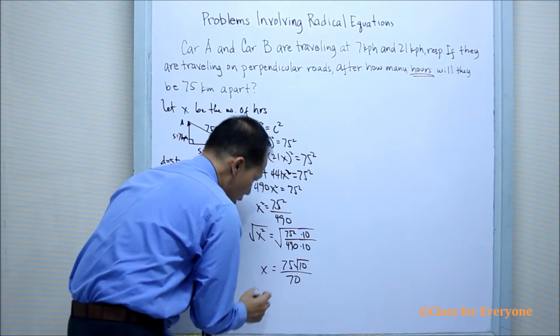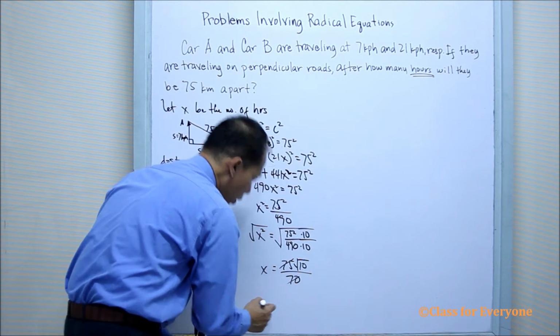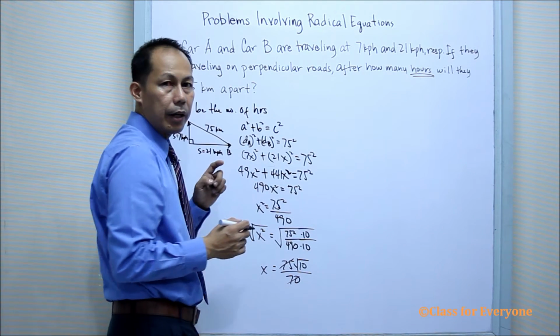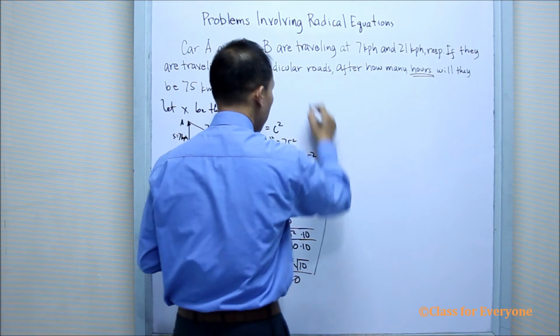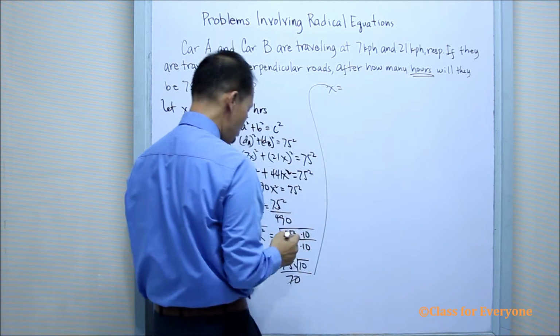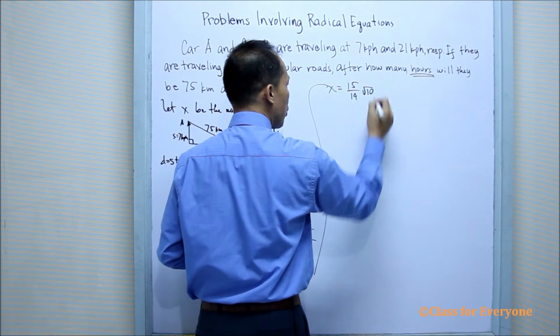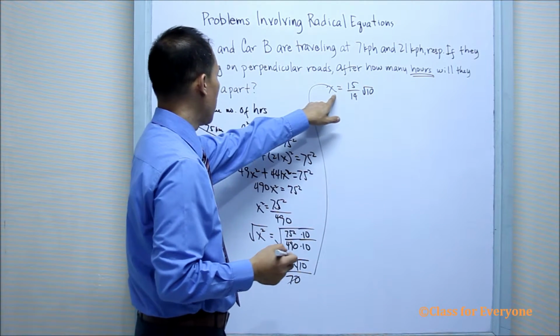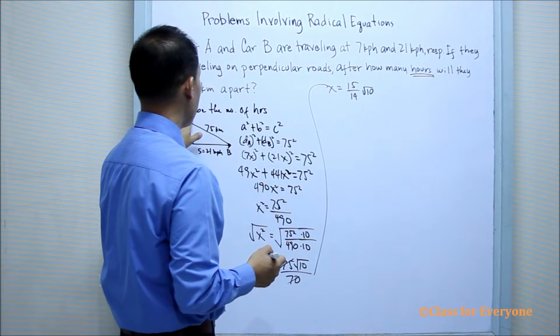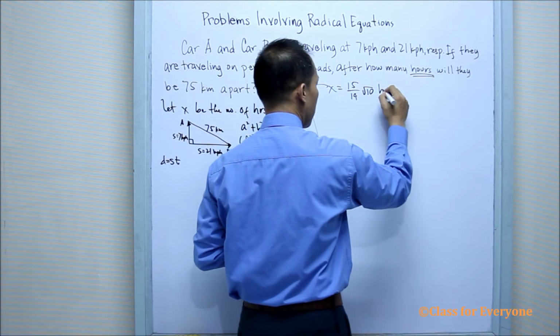And that is x. Since 75 and 70 are both divisible by 5, we can say that x is equal to 15 over 14 times the square root of 10. And x is the number of hours, so it will be hours.